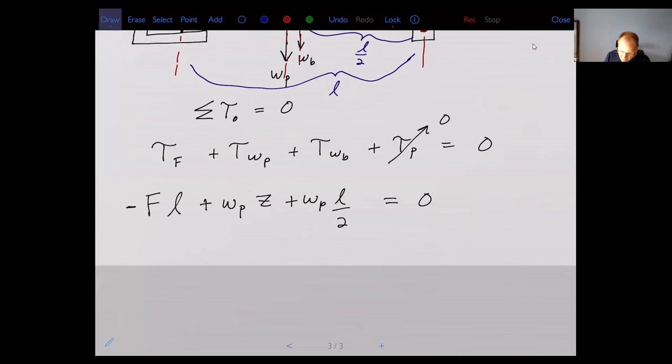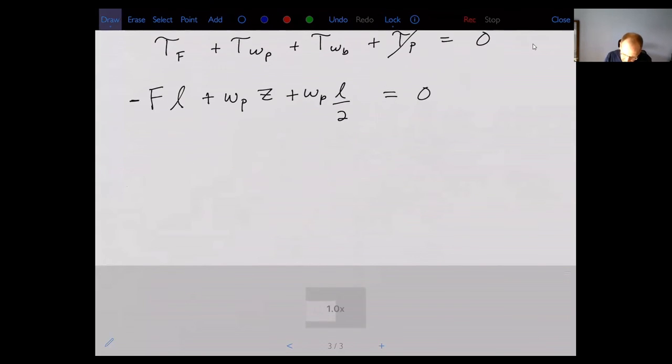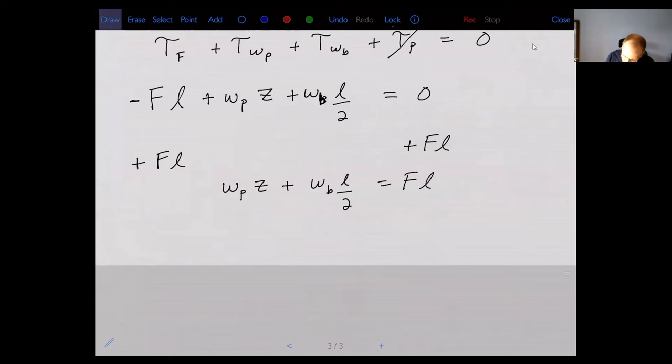Okay, now let's solve this for Z. So here we need to do a little bit of algebra. I'll add FL to both sides. Start with that. So I'm going to get weight of the person times Z plus weight of the board times L over 2 is equal to FL.